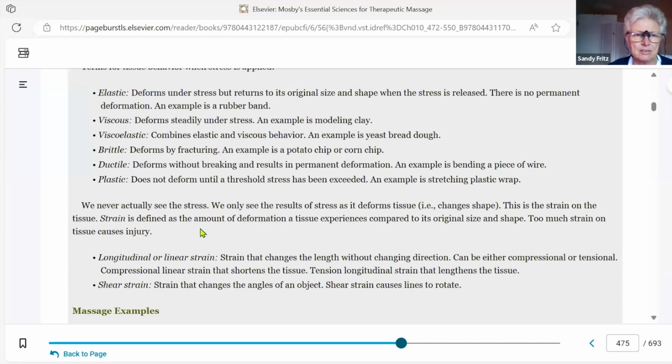So we never actually see the stress. What happens is the stress deforms the tissue. This is the strain on the tissue, and the strain is defined as the amount of deformation tissues experience compared to their original size and shape. And then too much strain is what causes an injury.